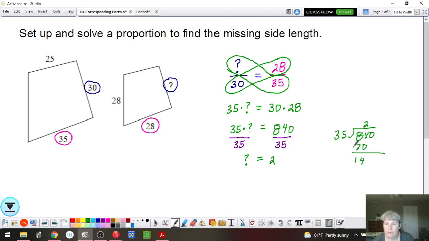That's how I get the 14. I subtract the 70. I bring down my 0. Well, if 2 times 35 is 70, and 140 is twice 70, I'm going to make a guess that 4 times 35 is 140. So 4 times 5 is 20. 3 times 4 is 12, plus 2 is 140. If I subtract, I don't have any left over. So my question mark is 24. And that is my final answer.